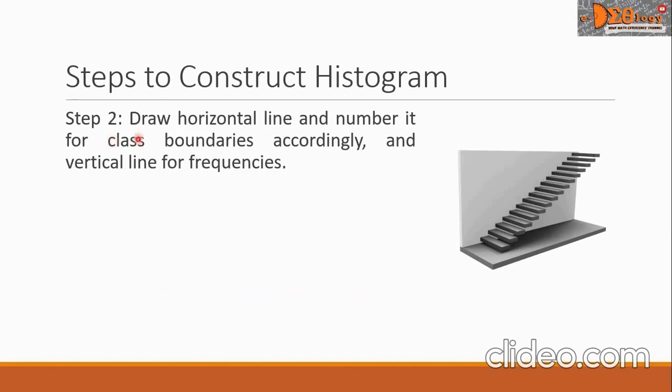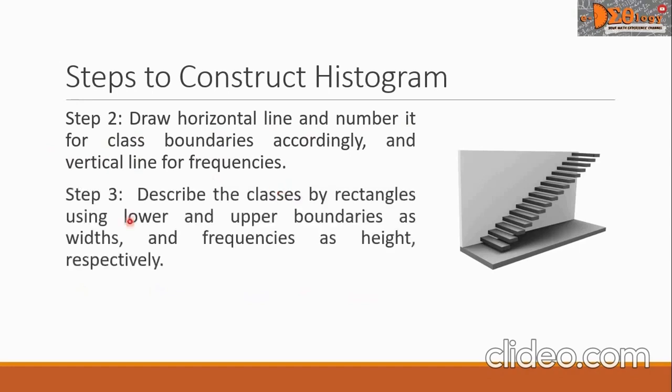Step 2. Draw horizontal line and number it for class boundaries accordingly, and vertical line for frequencies. Step 3. Describe the classes by rectangles using lower and upper boundaries as width and frequencies as height, respectively.